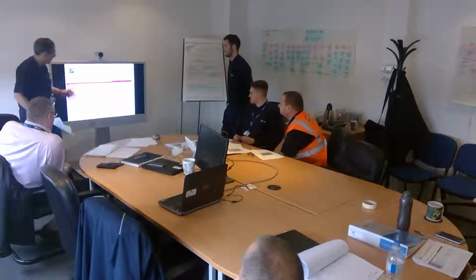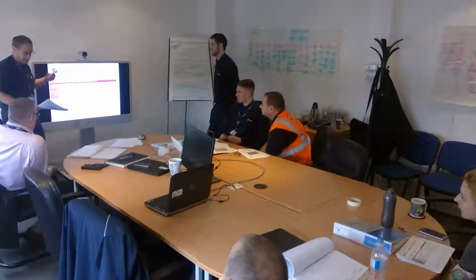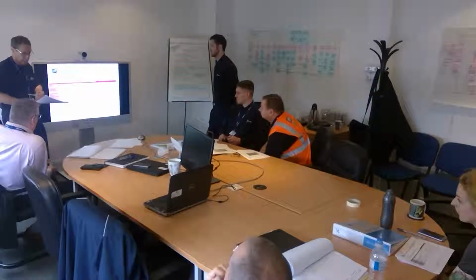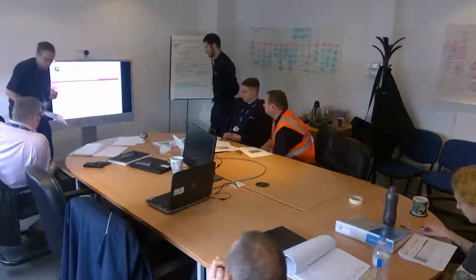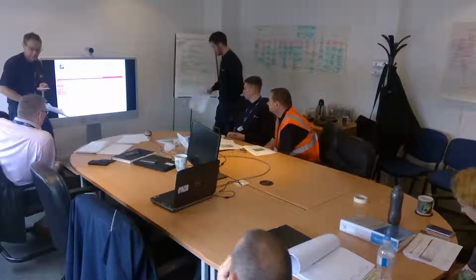From that, we worked out how many likely occurrences there will be every year, and came up with a quite staggering figure at the bottom, which is all down to lack of information.